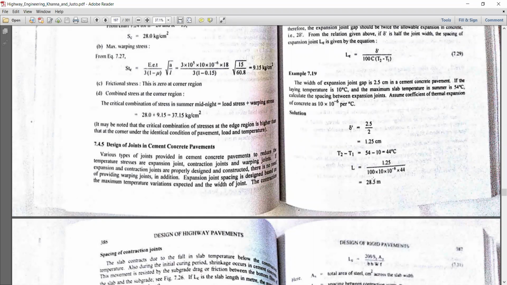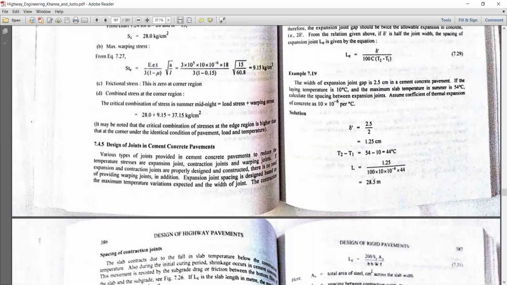The laying temperature is 10 degrees and maximum temperature is 54 degrees, hence the difference T2 minus T1 is 54 minus 10, which is 44 degrees. We need to calculate L, assuming C as 10 into 10 raised to minus 6. Calculate delta dash first.